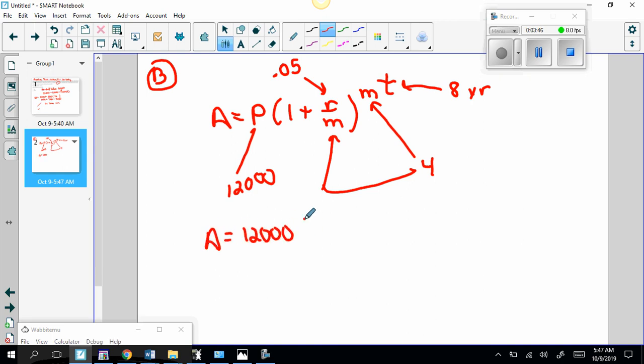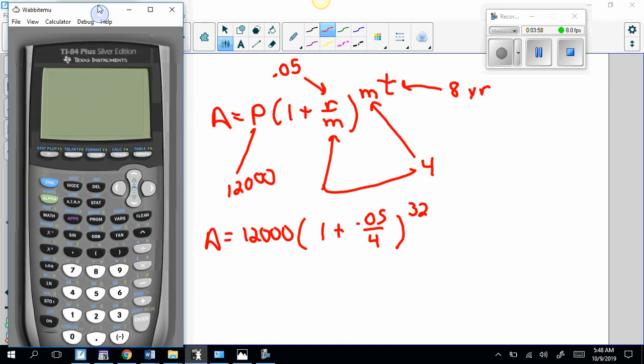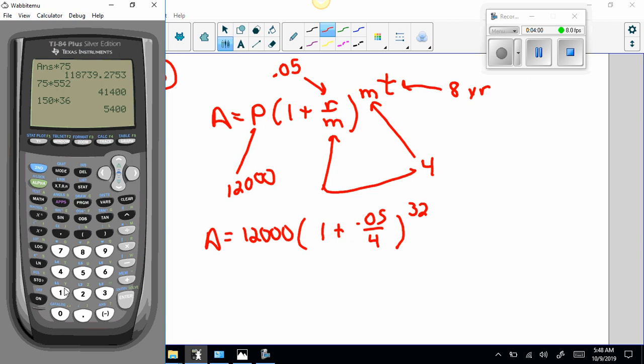A equals 12,000 times 1 plus 0.05 divided by 4, to the 32, because 4 times 8. Get on the calculator. Let's do it like 1 plus, so 1.0125. 1.0125 to the 32.